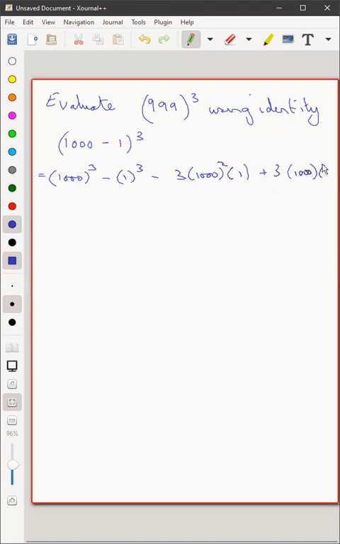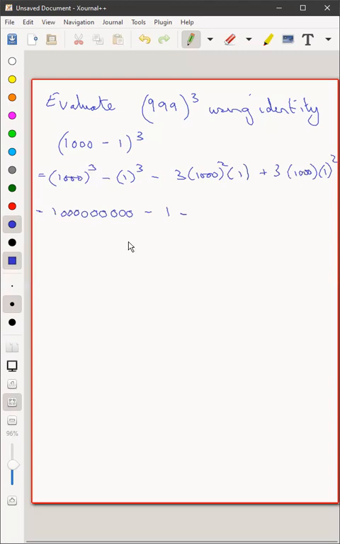So what is that equal to? 1000 cube can be written as 1 with 9 zeros, minus 1.